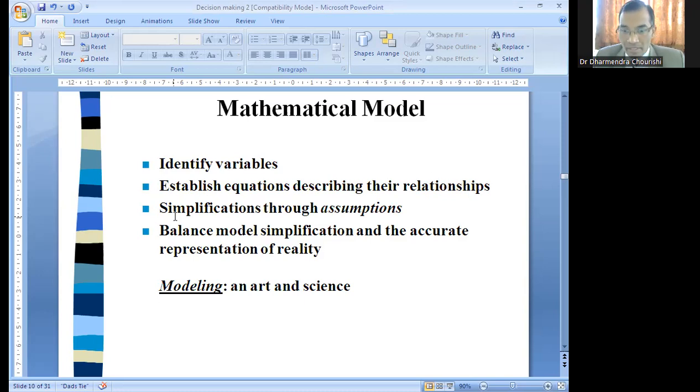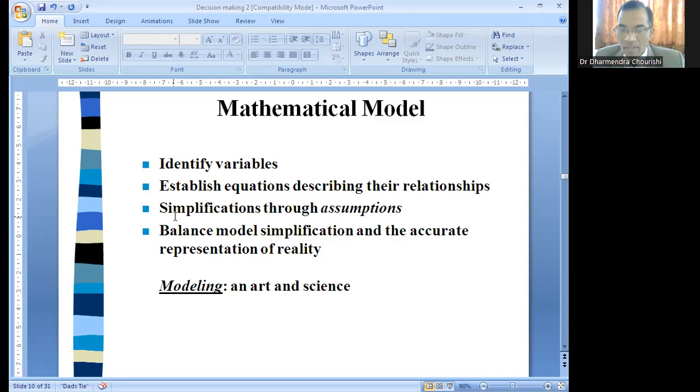Simplification through assumptions: you can assume, you can predict, you can plan for that. Balance model simplification and accurate representation of reality. How it will be clearly defined, clearly written, and shared with everyone. That is called simplification and identification as assumption.